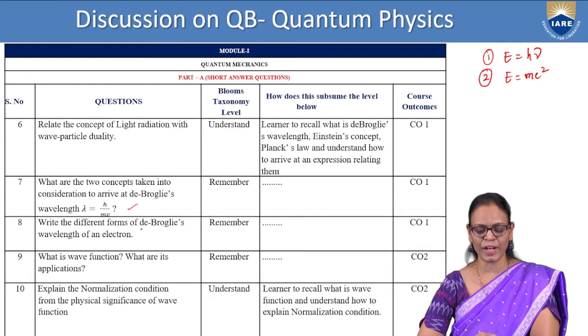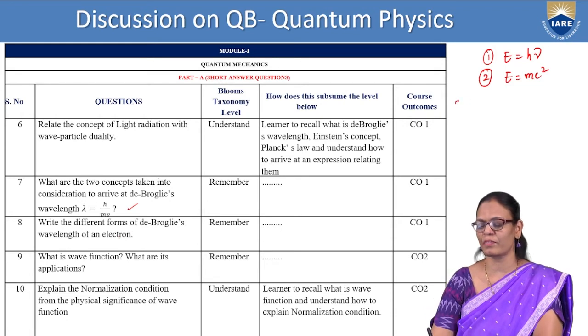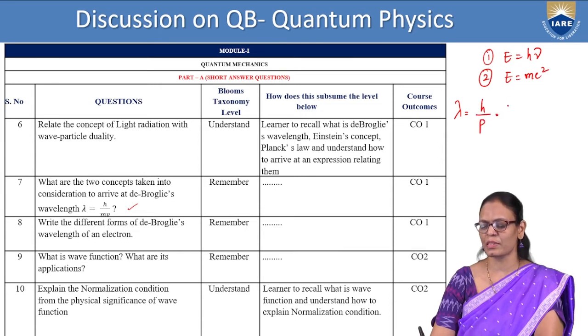Now write the different forms of de Broglie wavelength. So what are the different forms in which we can write the de Broglie wavelength? λ = h/p, where p is nothing but momentum.